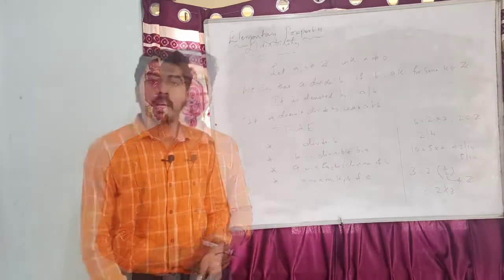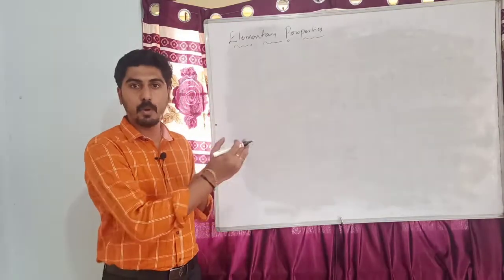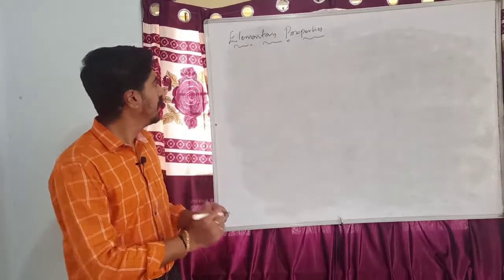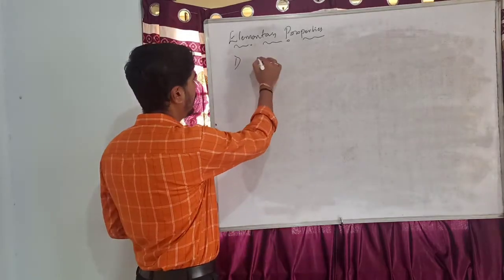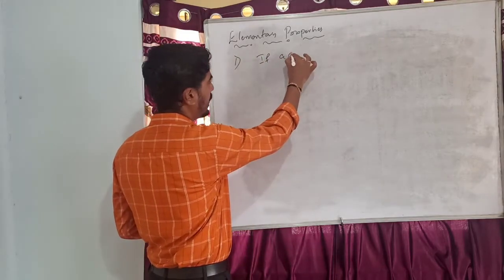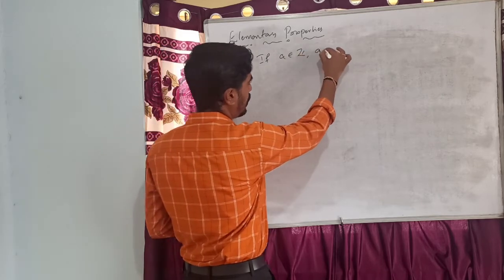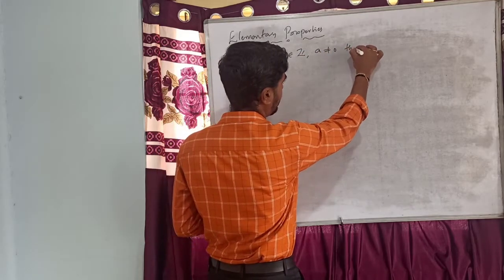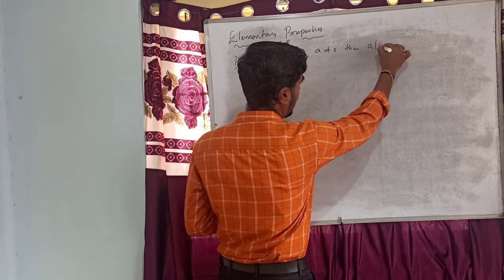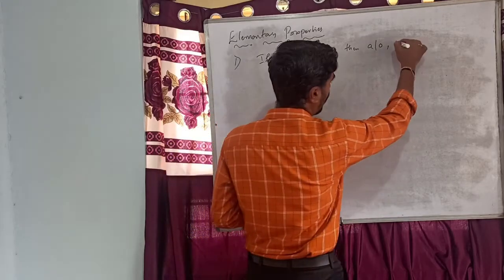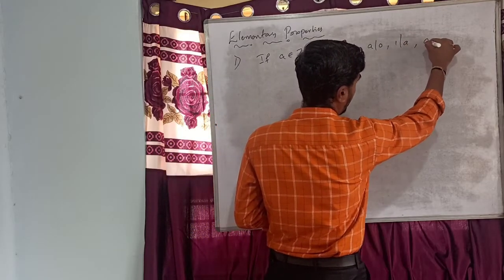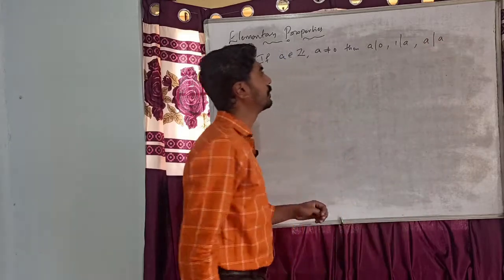Now let us see some elementary properties of divisibility. The first one: if a is an integer not equal to 0, then a divides 0, 1 divides a, and a divides a.